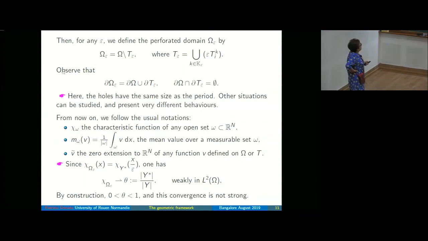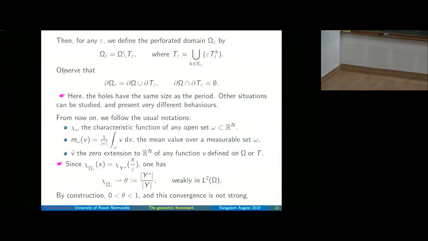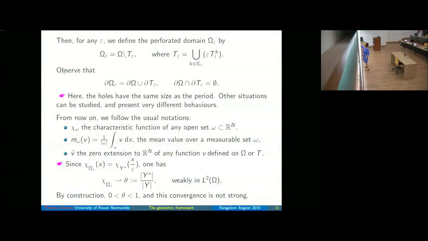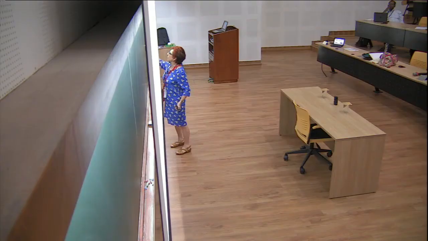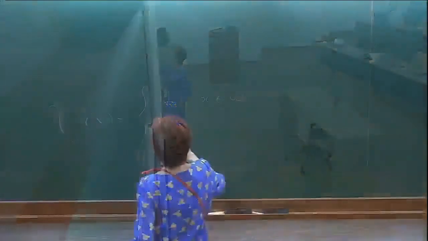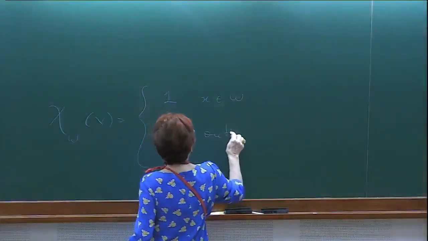Now let us define chi omega, the characteristic function of a set omega. That means chi omega is the function equal to 1 if x belongs to omega and 0 outside.